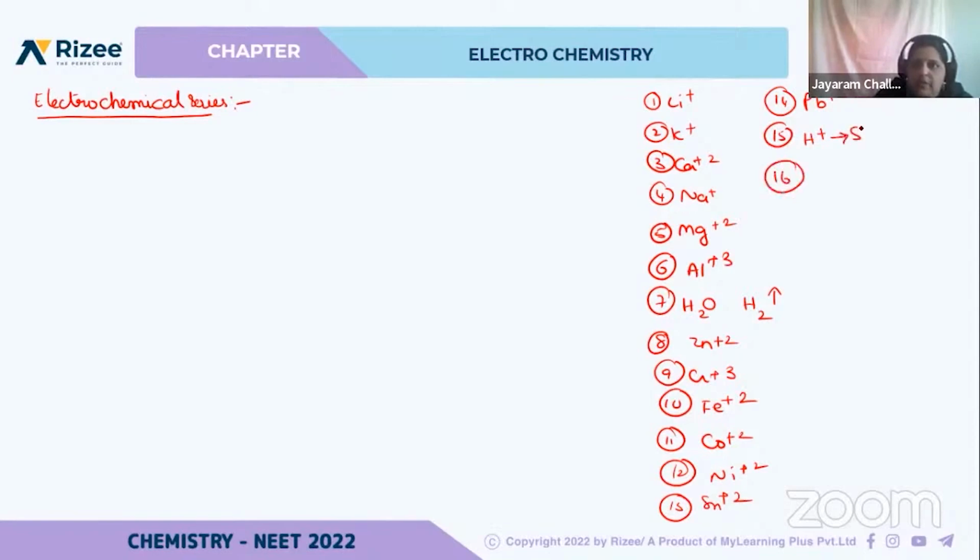This is our sheet. With respect to this hydrogen electrode, they constructed this series, and the reduction potential or oxidation potential of this H plus is 0.00 volts.